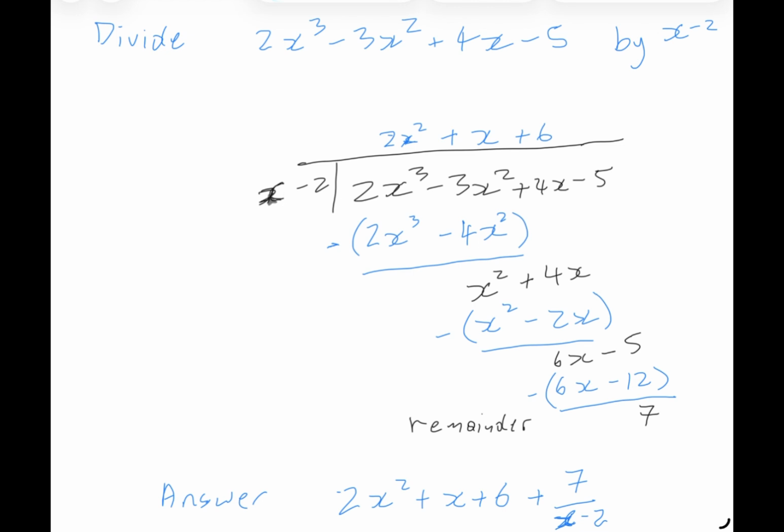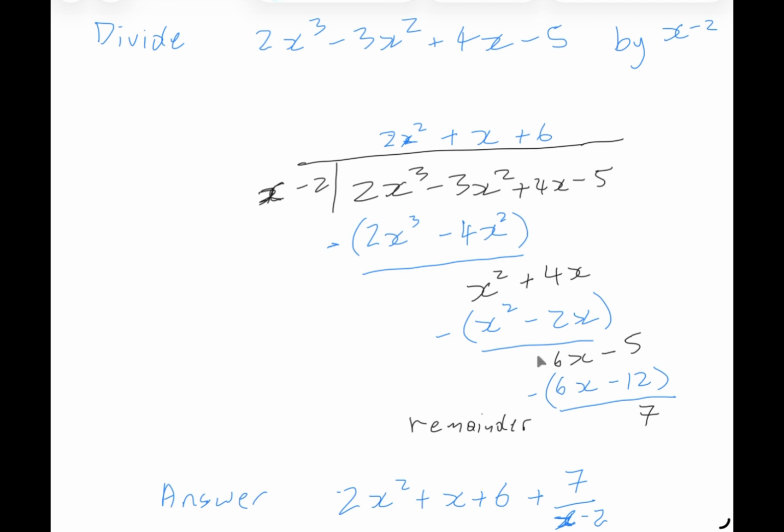We divide x into x squared, and that gives you x. Multiply x by x, that gives you x squared, x by minus 2 gives you minus 2x. Then we subtract x squared minus 2x from x squared plus 4x, so 4 minus negative 2 gives you a positive 6x, and the x squared cancels. Then bring down the minus 5.